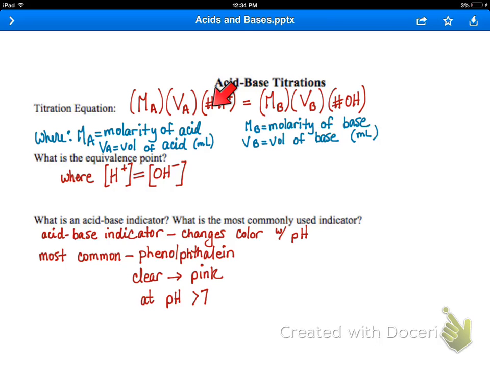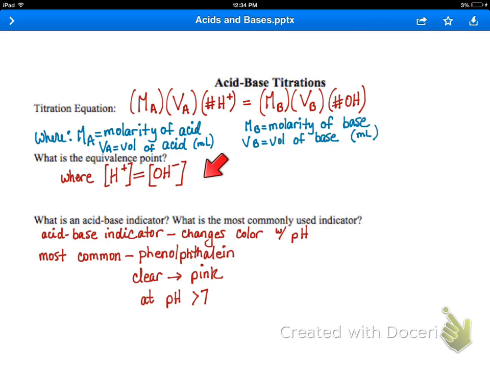So if it's monoprotic, it's 1 proton, diprotic, etc. That equals the molarity of the base times the volume of the base times the number of hydroxides in the base. All of these bases are going to be hydroxide bases. The volume is in milliliters, and the molarity is moles per liter.